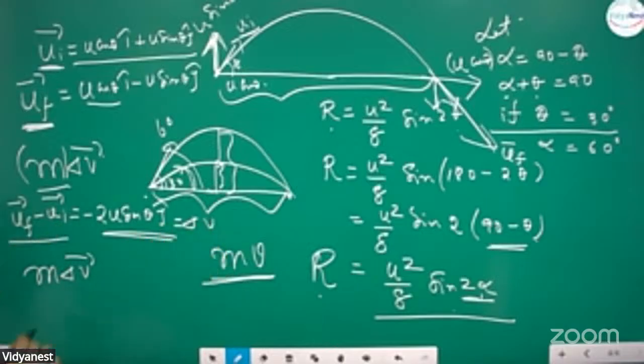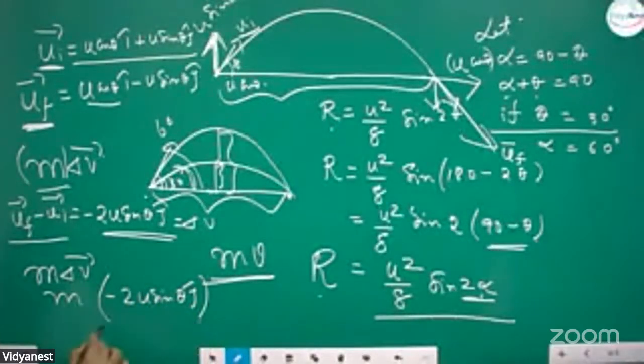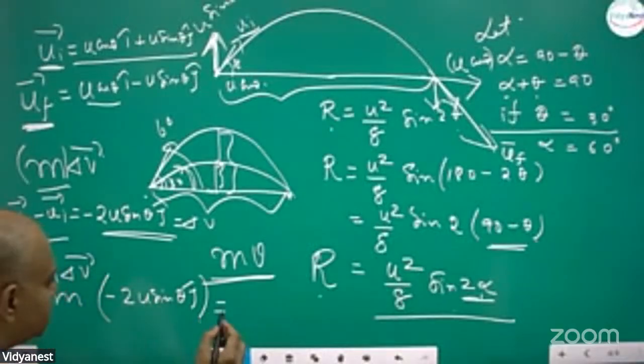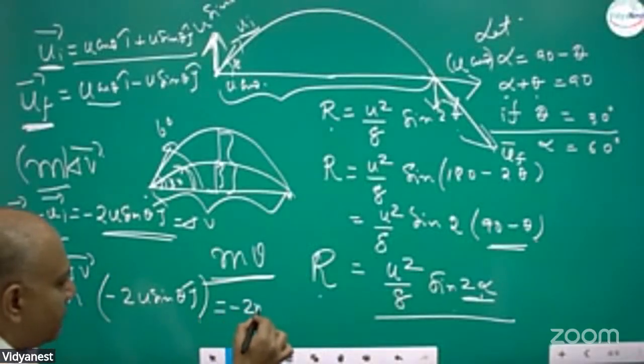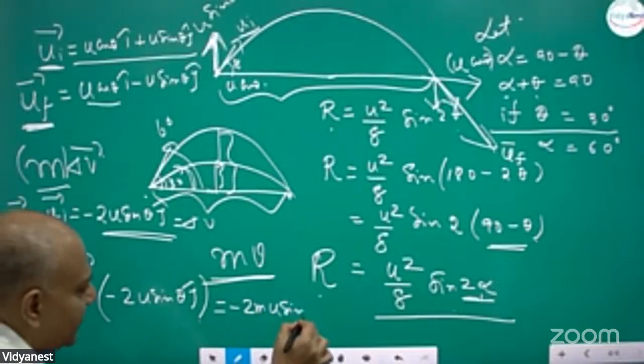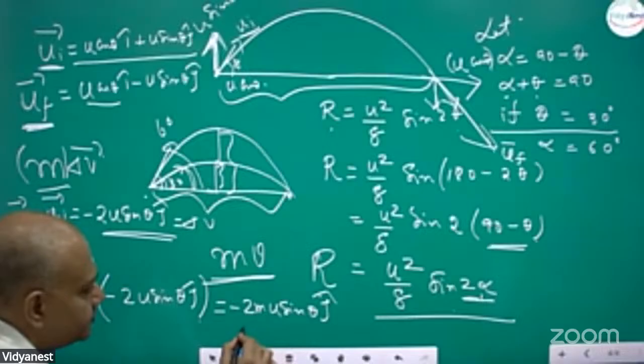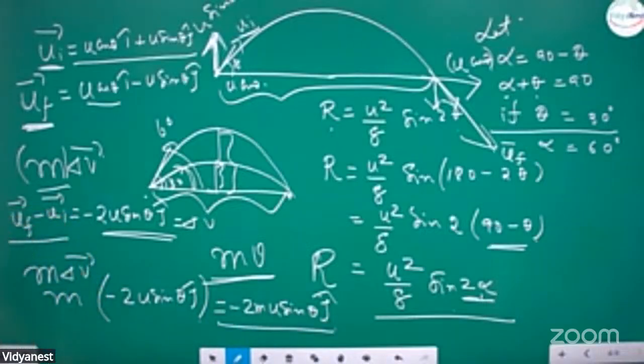So m into minus 2u sin theta j cap, ultimately it can be written as minus 2mu sin theta j cap. This is the change of momentum during the total motion.